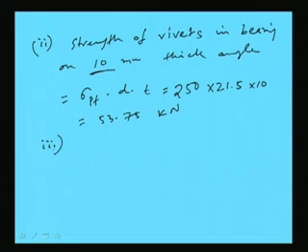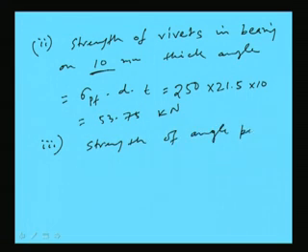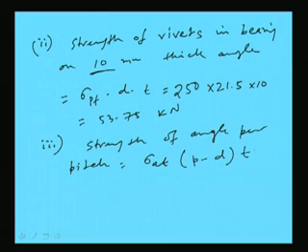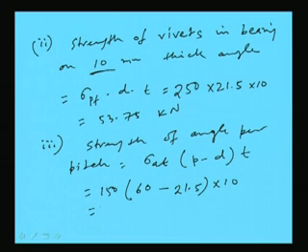Another is strength of angle per pitch, we have to find out. Strength of angle per pitch will become as per the formula sigma AT into P minus D into T. So, sigma it is given 150 and pitch we have considered as 60, D will become 21.5 and T is the thickness of the plate, means the angle.